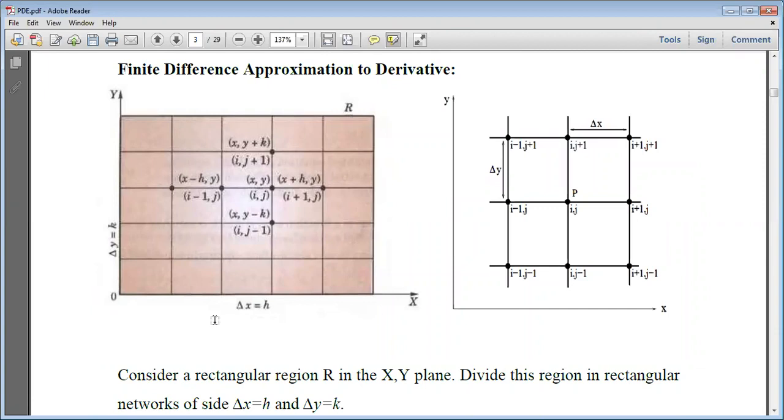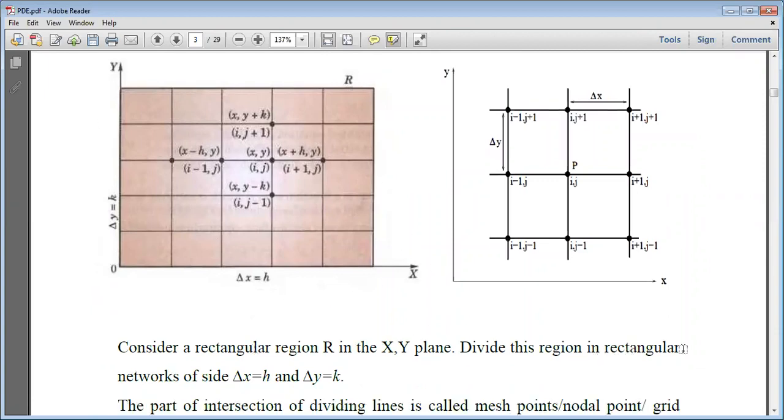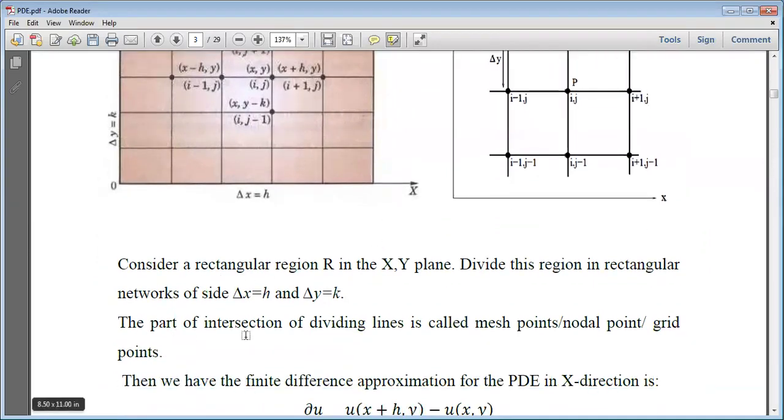It is divided into rectangular networks of side Δx = h in the x direction and Δy = k in the y direction. So the region is divided into a mesh or grid. The points of intersection of the dividing lines are called mesh points, nodal points, or grid points.